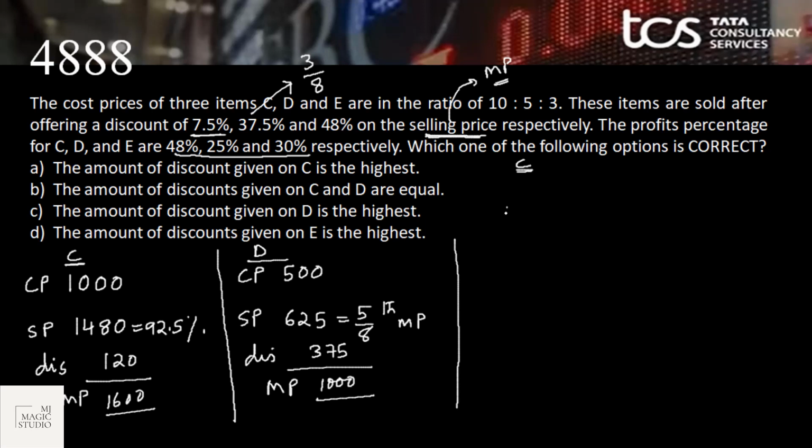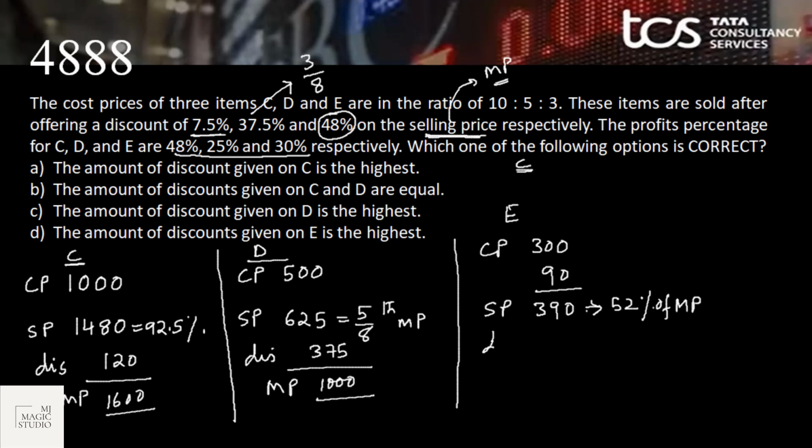Let's move to item E. Cost price is 300, 3 into 100. Here the profit earned is 30%. So add 30% of it. 30% is 90. That means selling price is 390. This is after giving a discount of 48%. That means this is nothing but 52% of marked price.